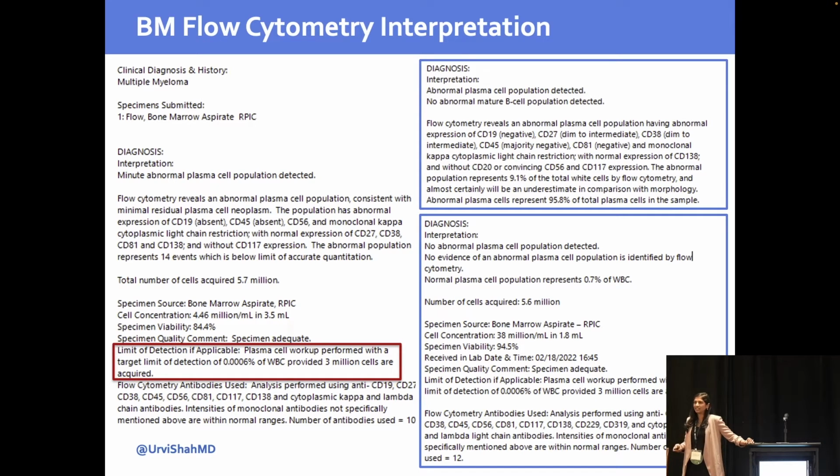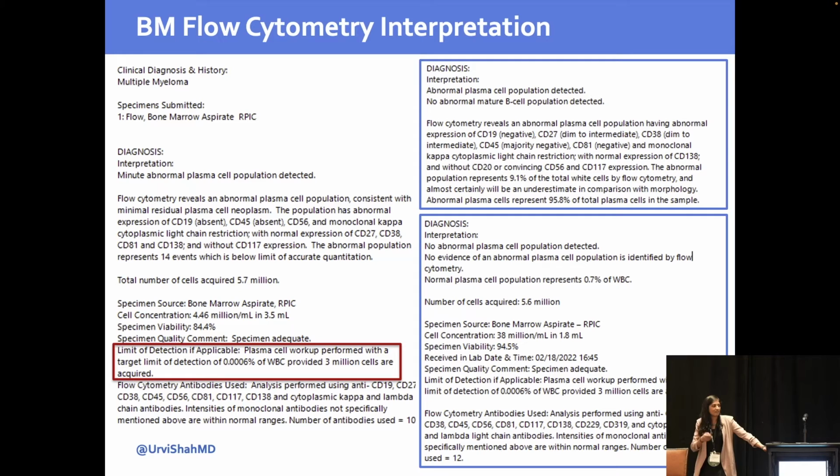So suppose you got only 1 million cells, and they say you're MRD negative by flow. It mostly might be, but that test is not able to tell you properly whether it's truly MRD negative or not. So for that, you need about 3 million cells, and then you need to look at the limit of detection, which I told you, and if you calculate it, it's about 18 events.